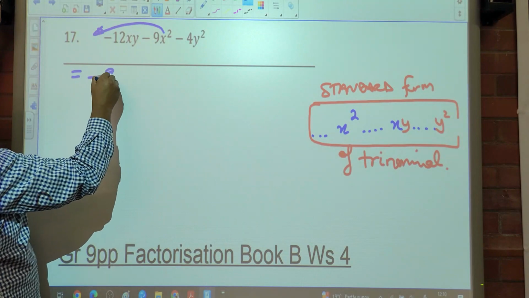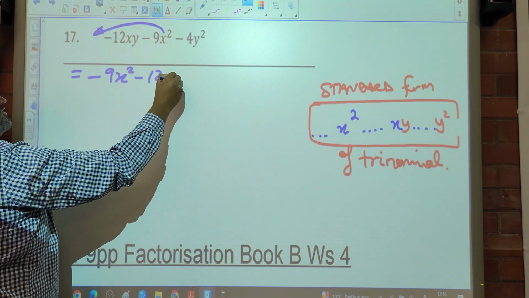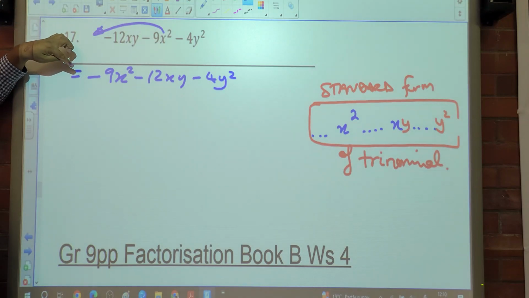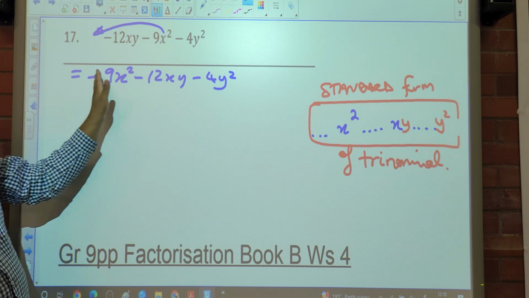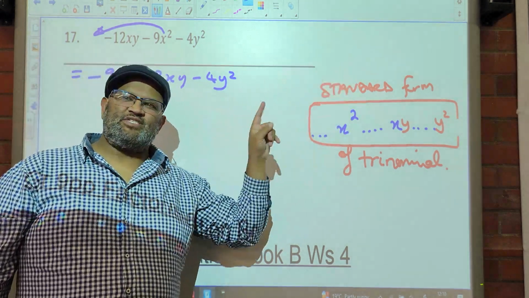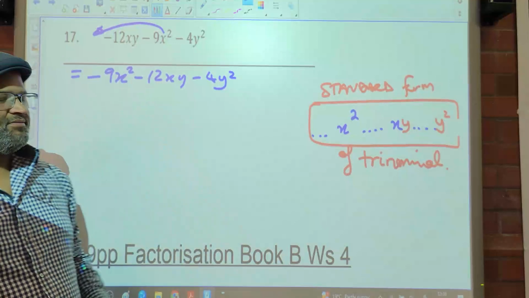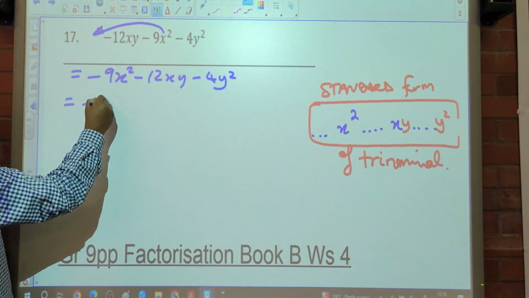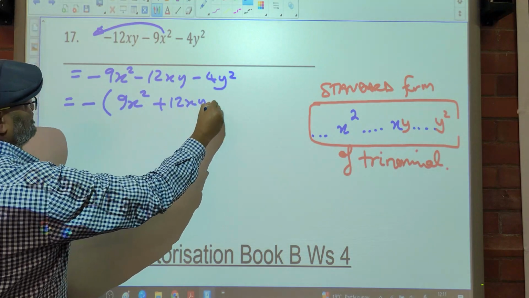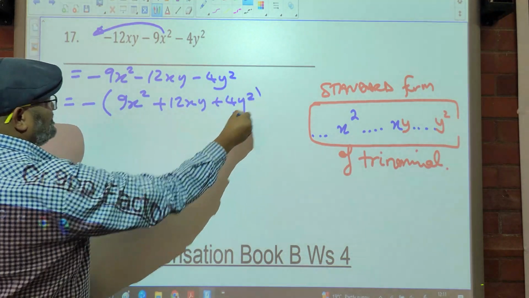So it's negative 9x squared minus 12xy minus 4y squared. Hang on, the first term is negative. Is there any other common factor there? It doesn't matter how many negatives there are in this expression. If the first term is negative, you just take the negative out. It's a common factor. You factorize it. So it's negative into 9x squared plus 12xy plus 4y squared.